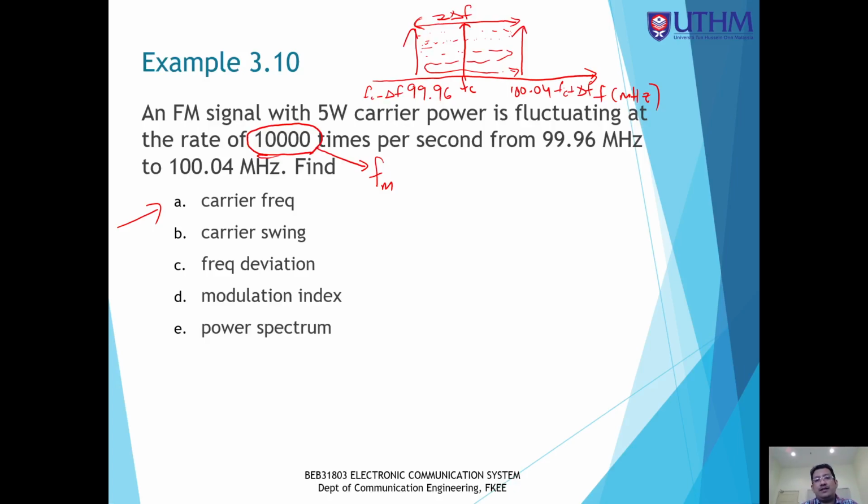How to find that? fc is equal to 100.04 plus 99.96, divided by 2. So you get 100 megahertz.